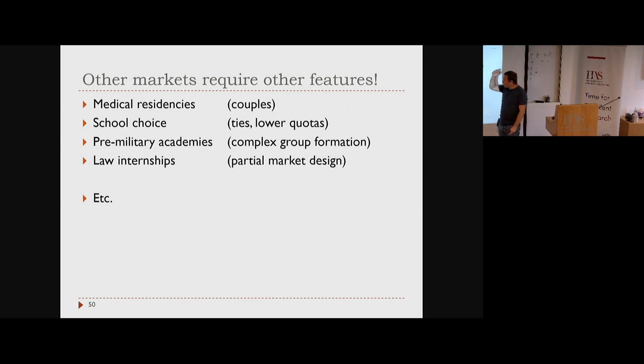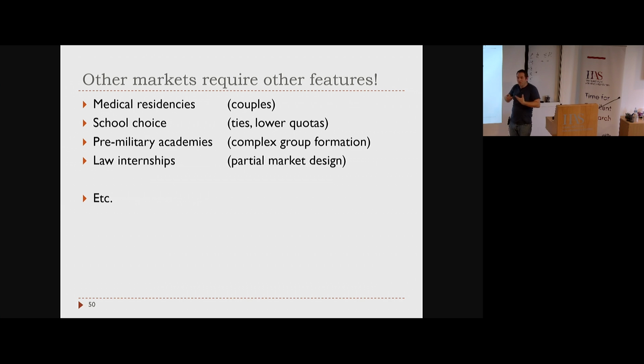Law internships in Israel, we also did the matching for those, and there we had a different problem where we needed to match only some of the students each year. Only some of the people participated in the match. So we had maybe 10 or 20% of the students in the market participating, and only the top firms, and we still need to output some matching that would stick.